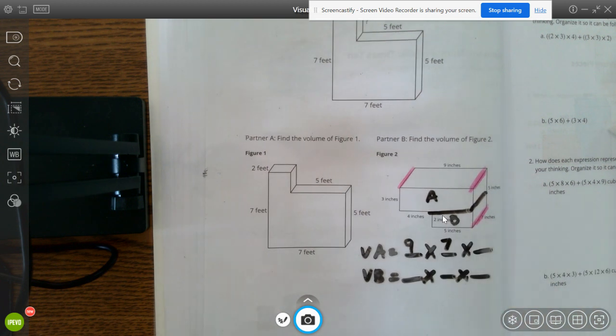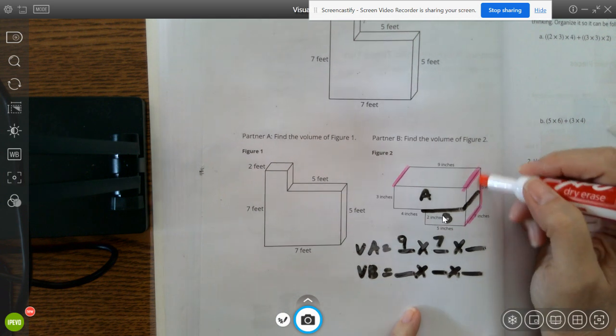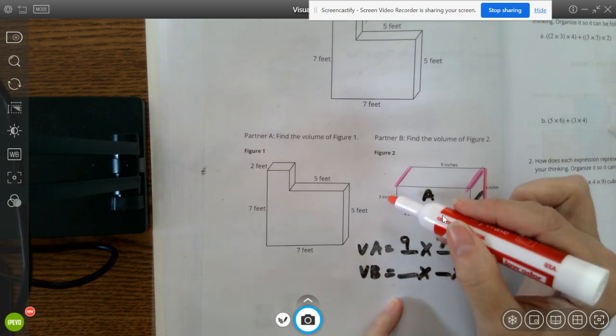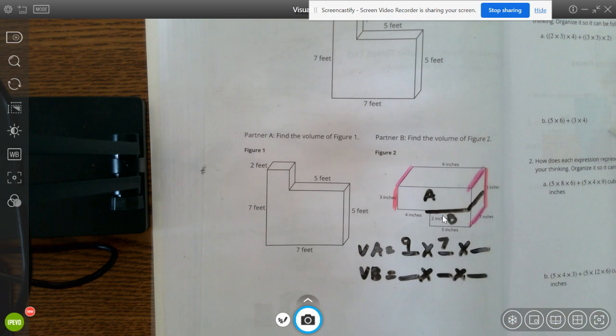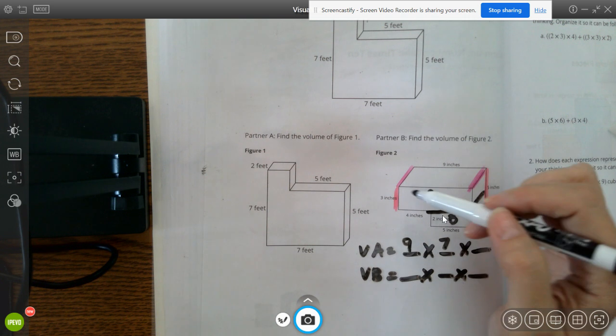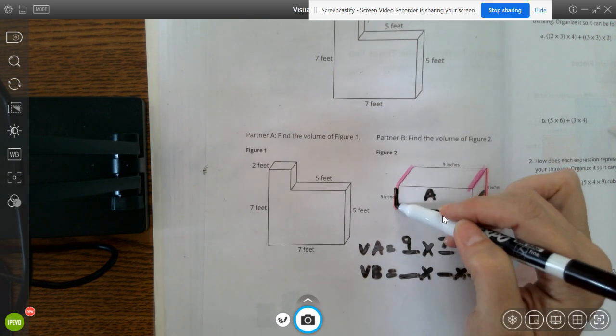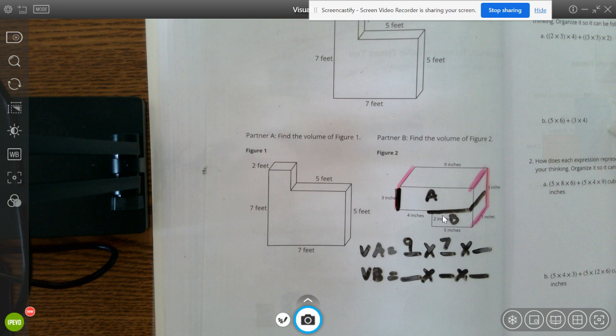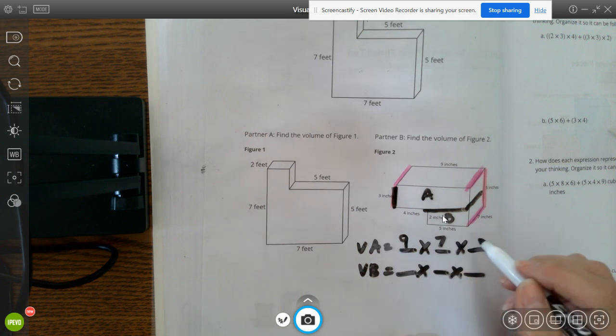Now I want to look for the up. Now here's the trick. You have 2 different ups. You have an up over here, and you have an up over here. You have to think of which up takes the whole figure into consideration. I am only talking about this box, so this is the up I need. And that up is 3. So we're going to put the 3 in.